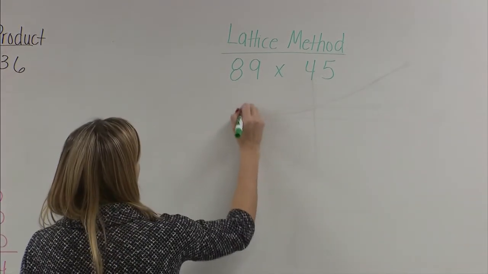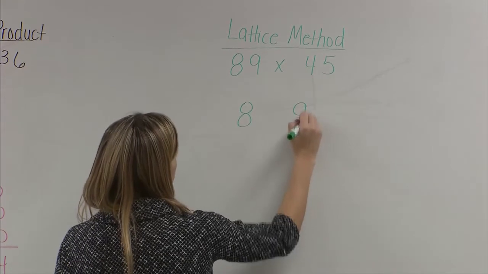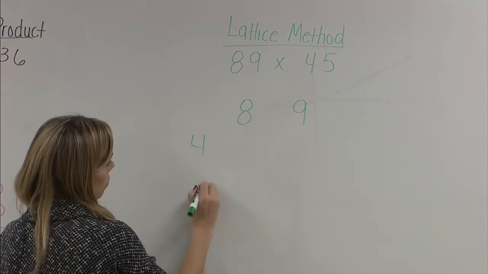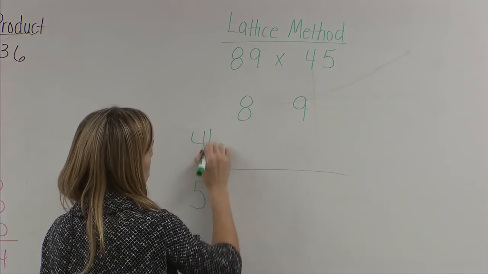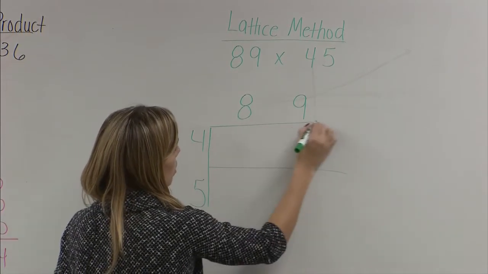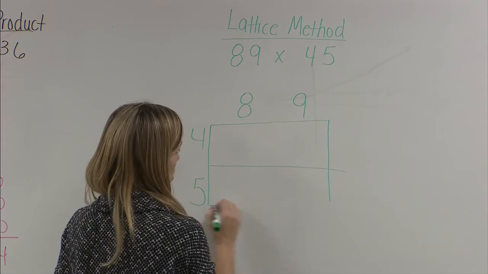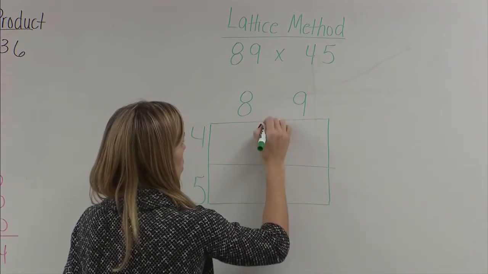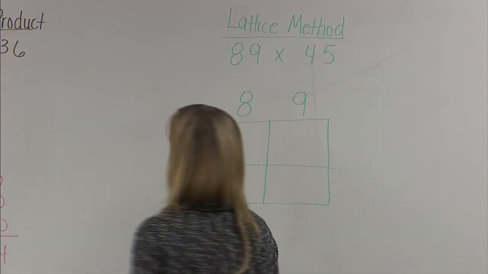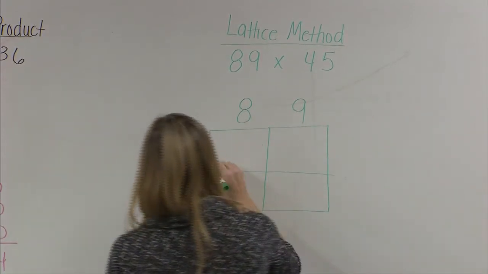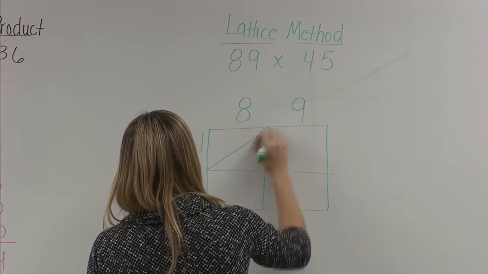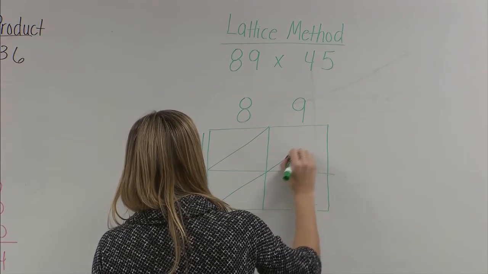So I'm going to have 89 and 45. And then I'm going to separate these. And then what we do with the lattice method is each box is separated on a diagonal.